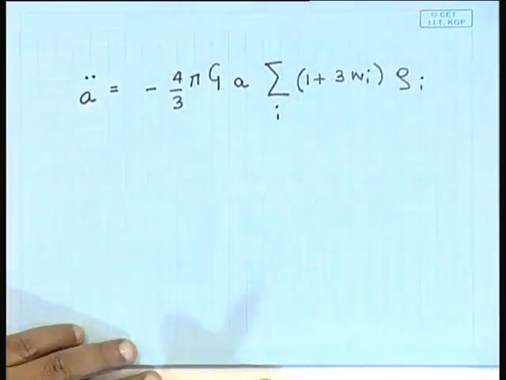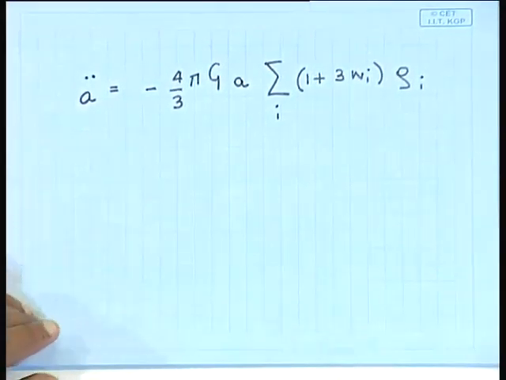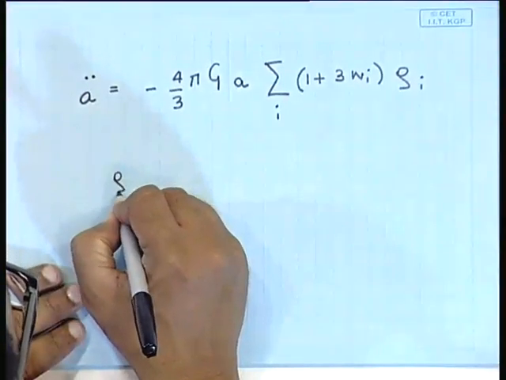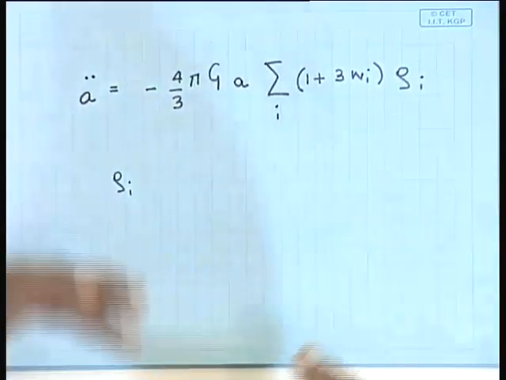So, I can take values 1, 2, 3, 4, 5 corresponding to different constituents of the universe, and each constituent has its own rho I. They do not exchange energy with each other, they only interact through gravity. That is the assumption we are making, a simplifying assumption.